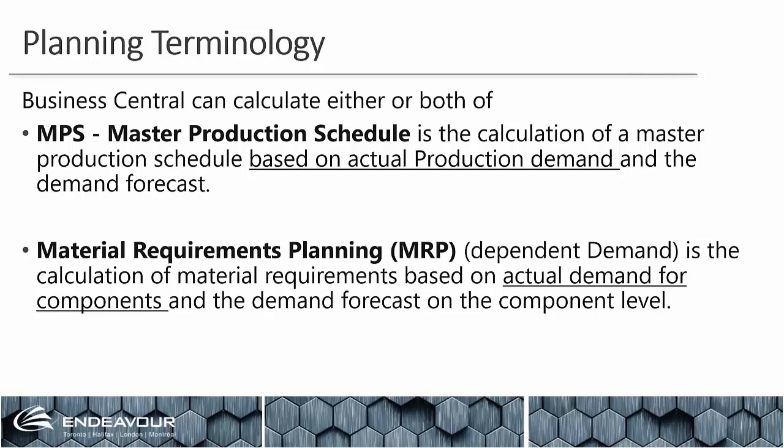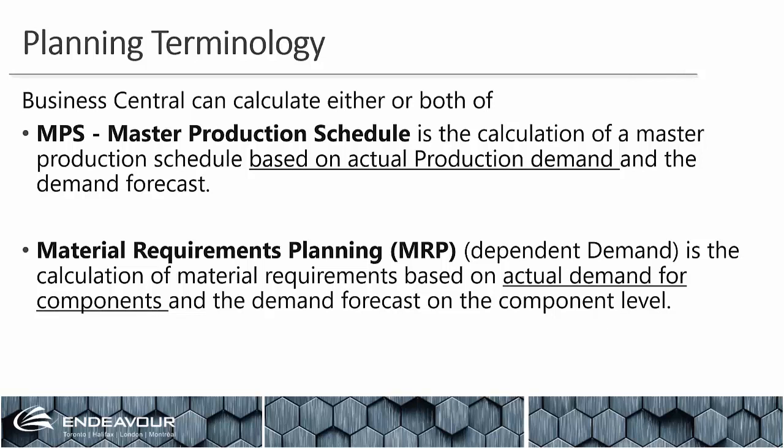The MPS calculation is mainly used for finished good items that have a forecast or sales order line. The MRP, or material requirements planning, or as some people refer to it as dependent demand, is the calculation of material requirements based on the demand forecast on the component level, or the actual demand for components.